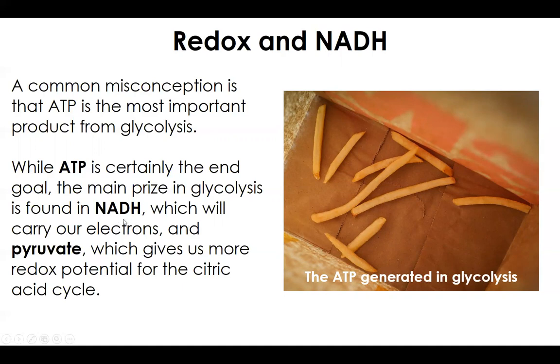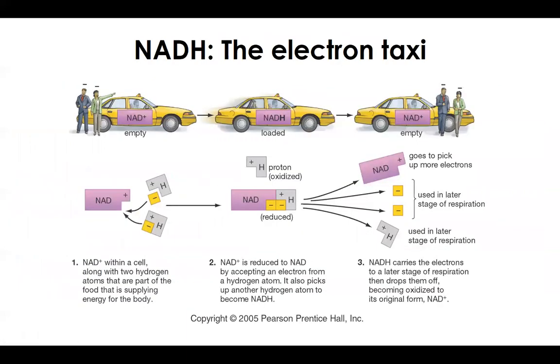Okay, so let's explore the idea of NADH a little bit further. NAD plus and NADH are what actually carry the electrons. Again, the most important part of cellular respiration is to harvest electrons from carbon and take those electrons to the electron transport chain, period.